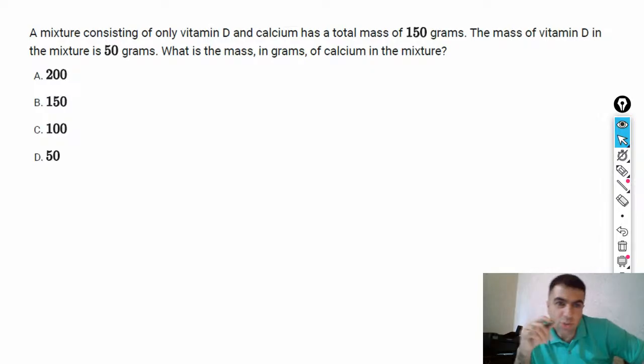A mixture consisting of only vitamin D and calcium has a total mass of 150 grams. The mass of vitamin D in the mixture is 50 grams. What's the mass in grams of calcium in the mixture?